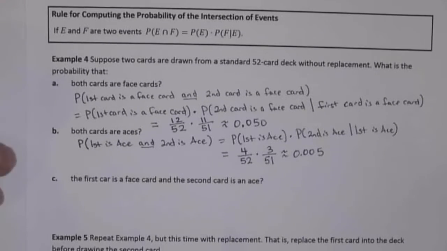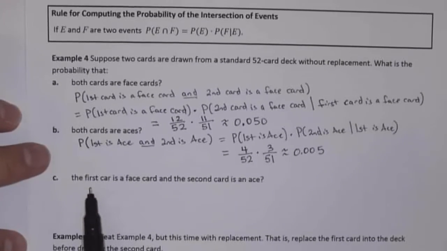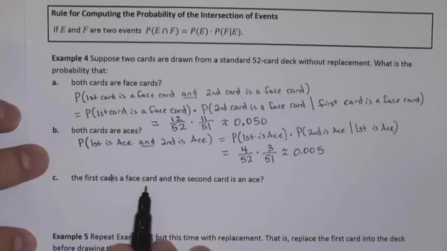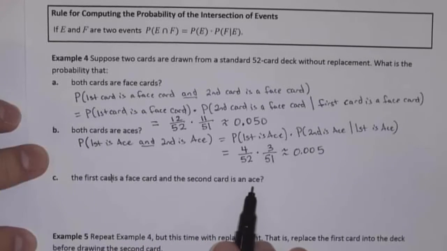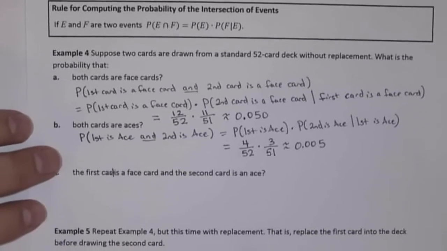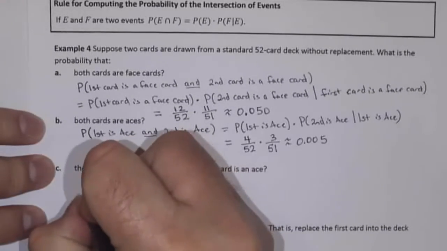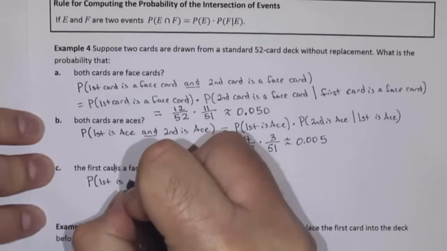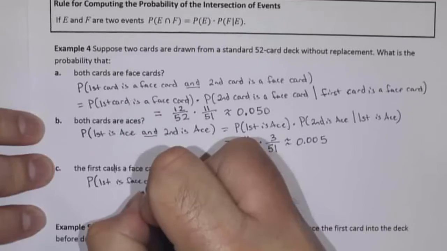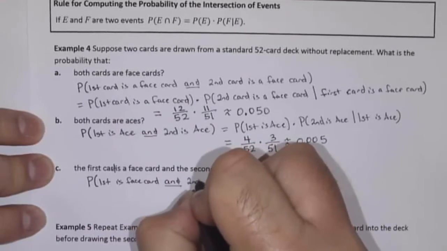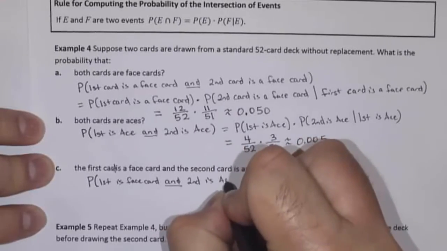Question C. We want to know what's the probability the first card, that should be card with the D, what's the probability the first card is a face card and the second card is an ace. So the probability that the first is a face card and the second is an ace.